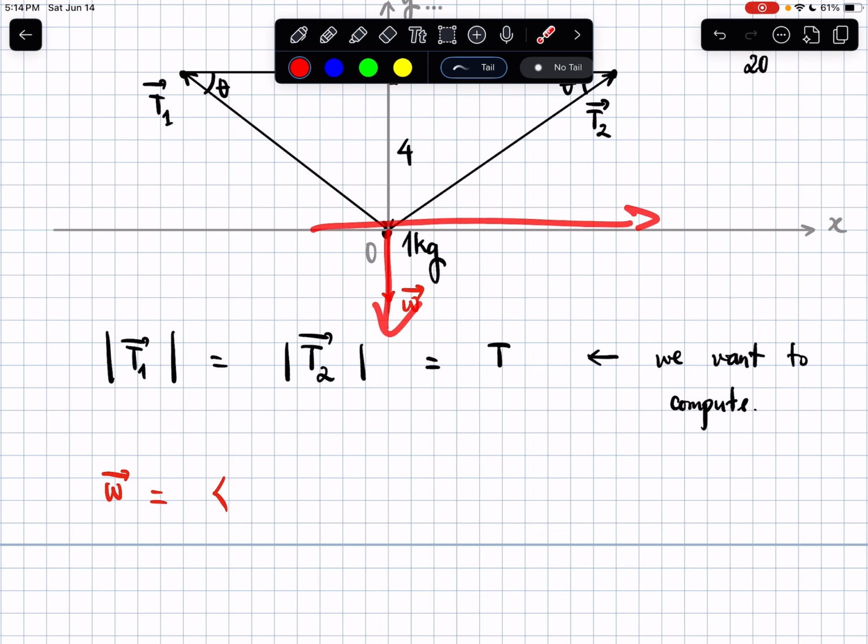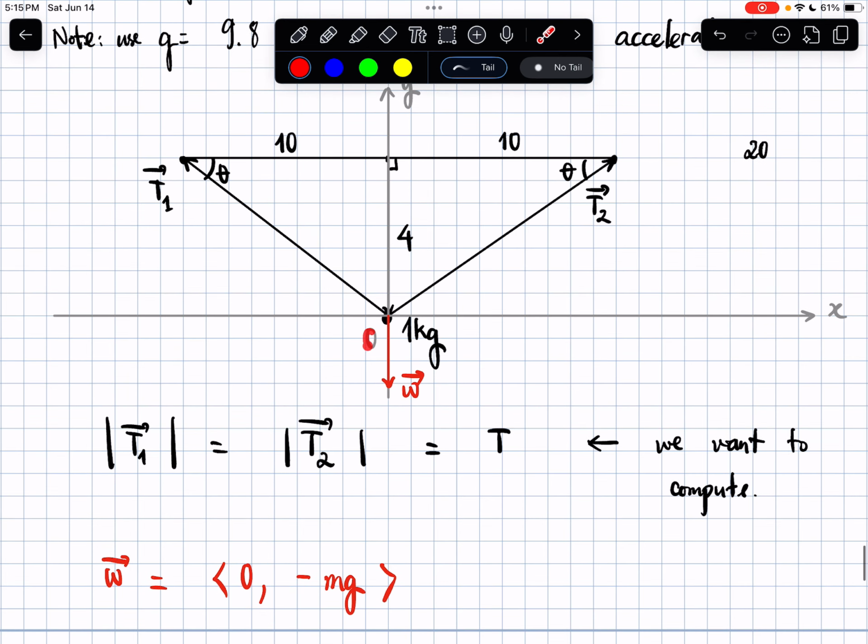But the gravitational force just goes straight down, so the x coordinate is 0 and the y coordinate is minus mg, because the origin we choose is this point.